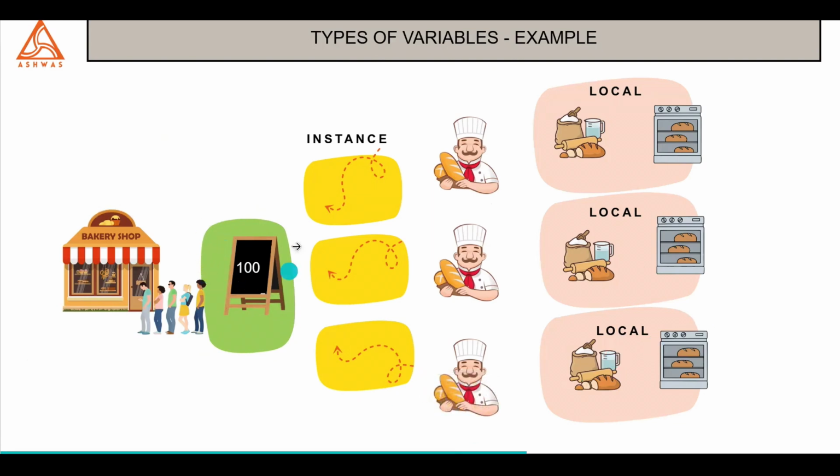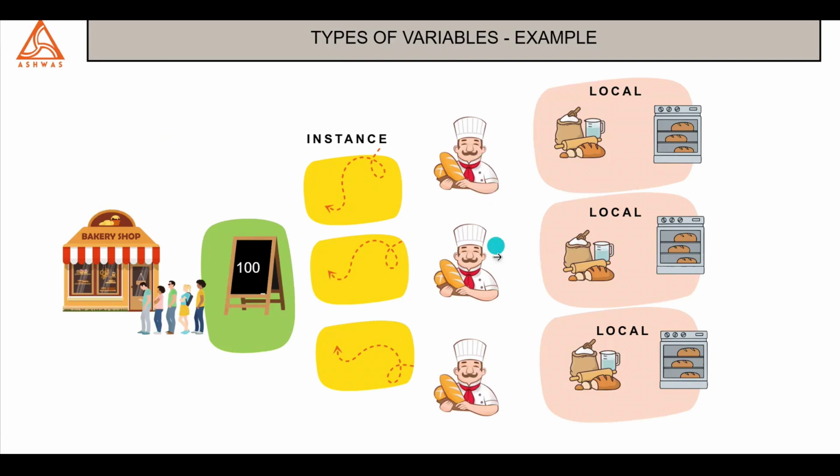Now, this board, which is maintained in the bakery, is a central board to hold common data, common information. This information is modified or read or accessed by the different objects.